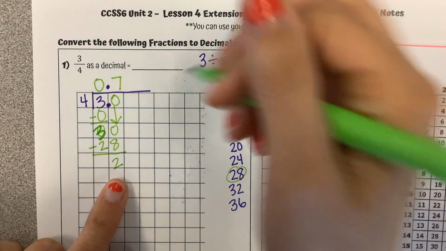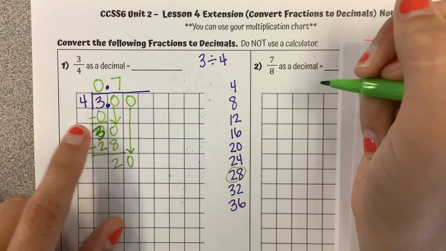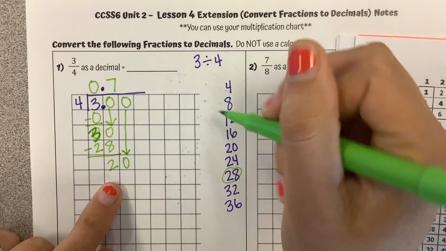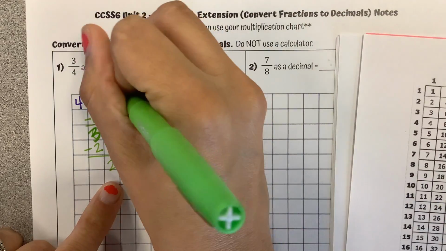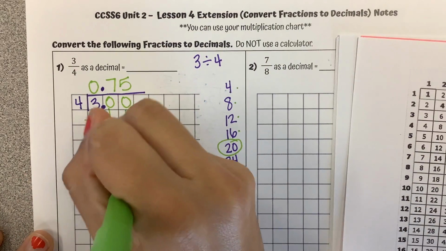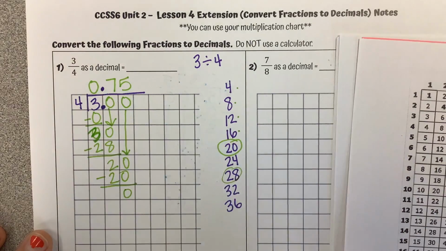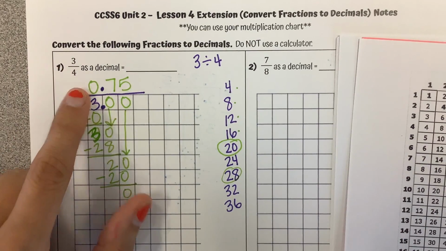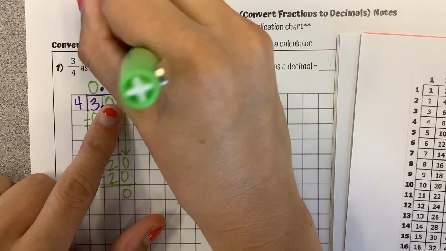We still have a remainder. We have nothing to bring down, so I'm going to add a 0. 4 goes into 20. 1, 2, 3, 4, 5 times exactly. So 4 times 5 is 20. Now when I subtract, 20 minus 20 is 0. So 3/4 as a decimal is 0.75.